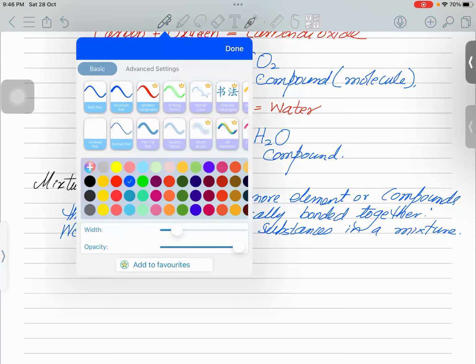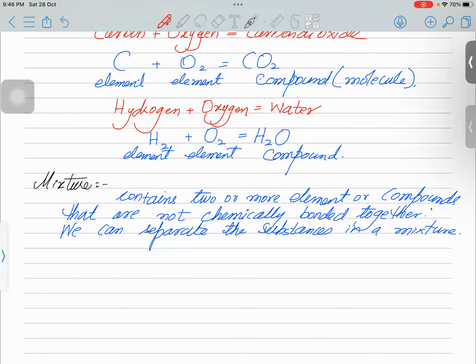For example, water plus sand is a mixture.